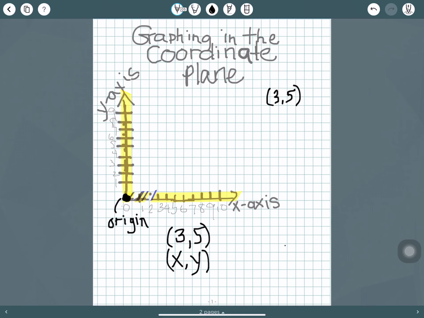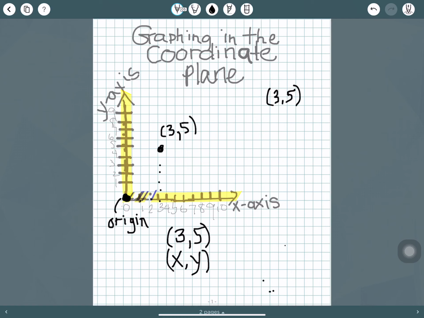So we went over 3, and then up 1, 2, 3, 4, 5. So that was 3, comma 5. Let's take a look at a couple other points.